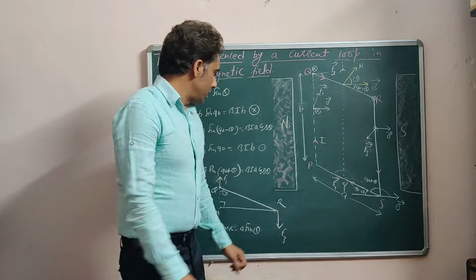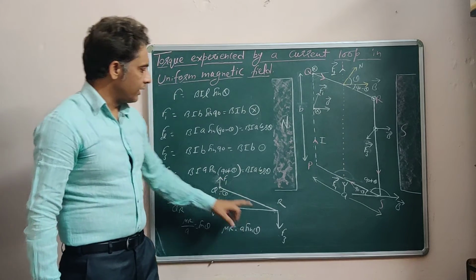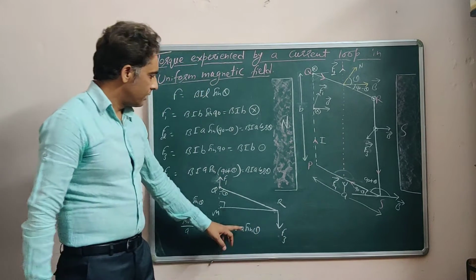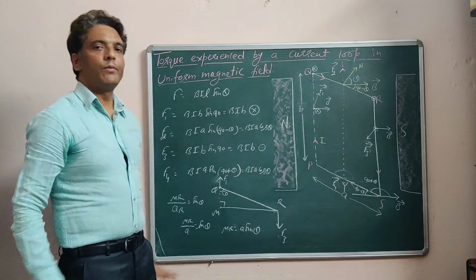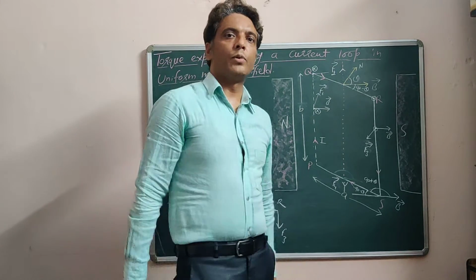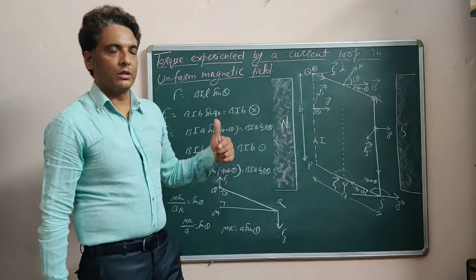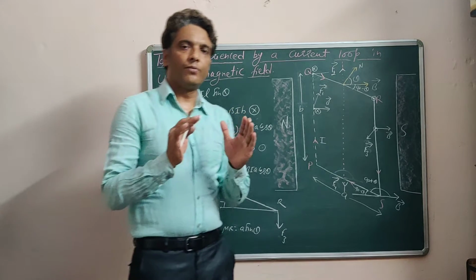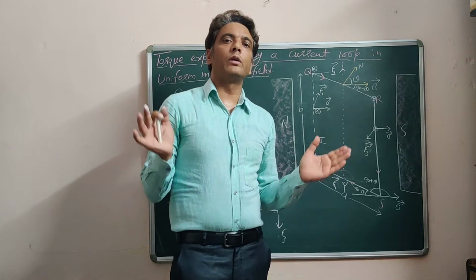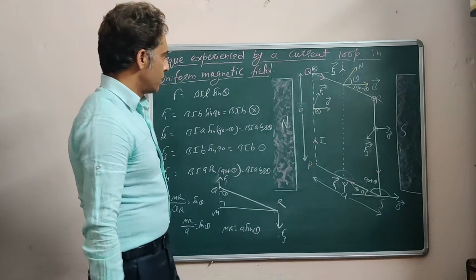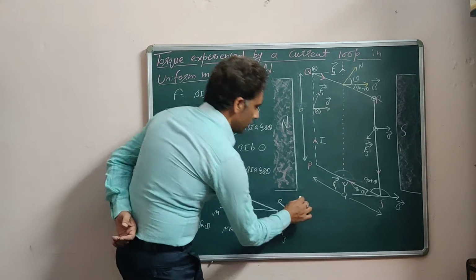So the perpendicular distance between these two forces F1 and F3 is A sin theta, and we know that the torque produced by a couple is equal to the product of either force and the perpendicular distance between the forces. So now we can write the torque.